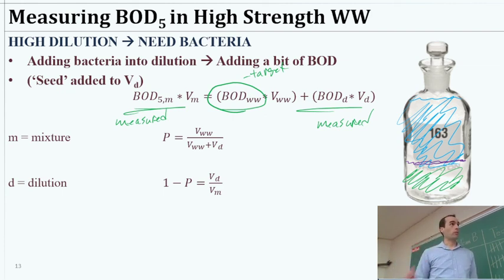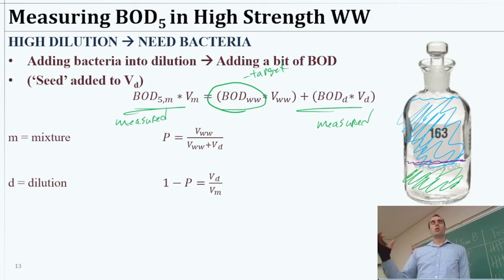You see here also a mass balance on BOD, because we have some total BOD in the solution, the volume of the mixture times the BOD of the mixture. That's going to be the BOD in the wastewater times the volume of that wastewater or otherwise sample, plus the BOD of the dilution times that dilution volume.